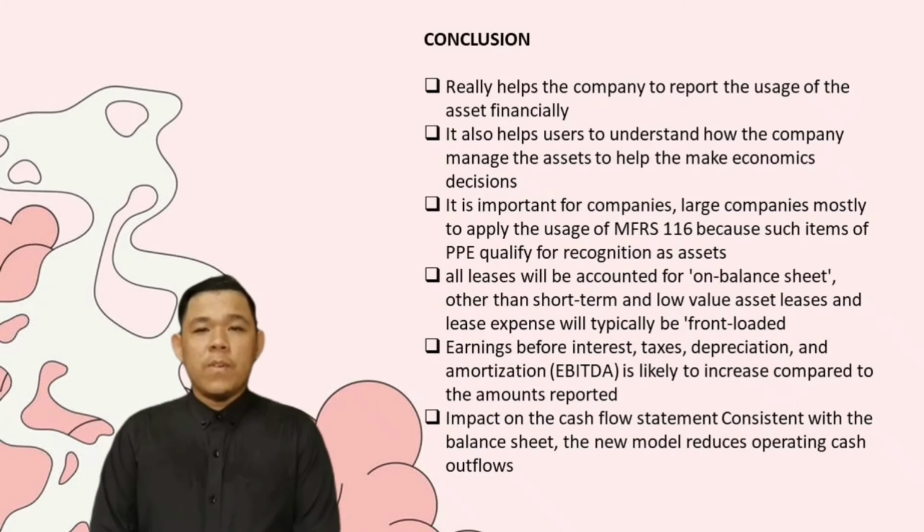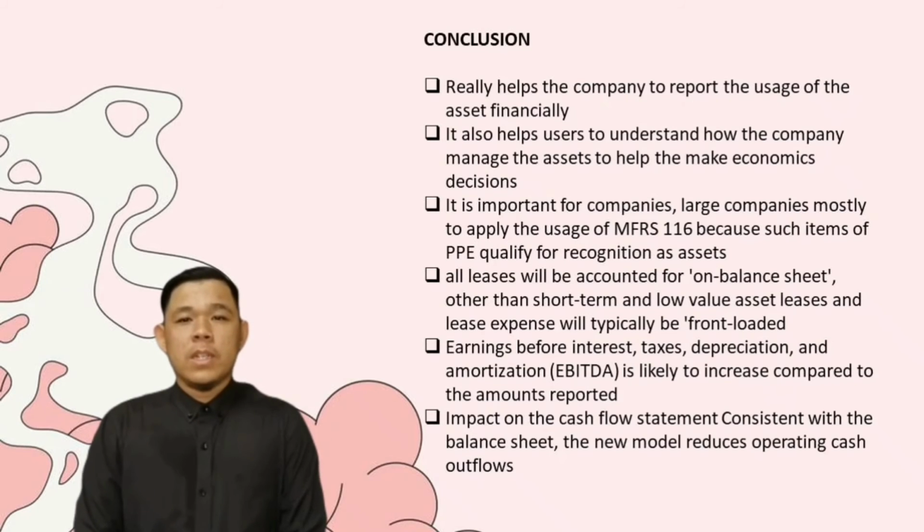It is important for large companies mostly to apply MFRS 116, because such items of property, plant and equipment qualify for recognition as assets because they enable an entity to derive future economic benefit or service potential from related assets in excess of what could be derived had those items not been acquired.